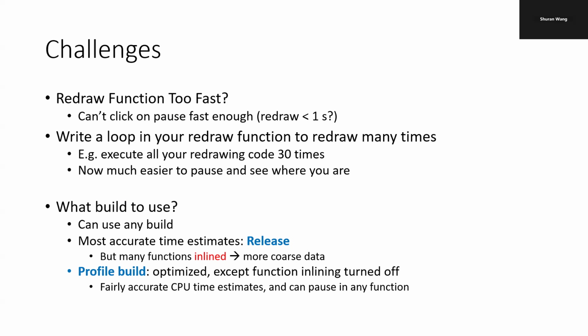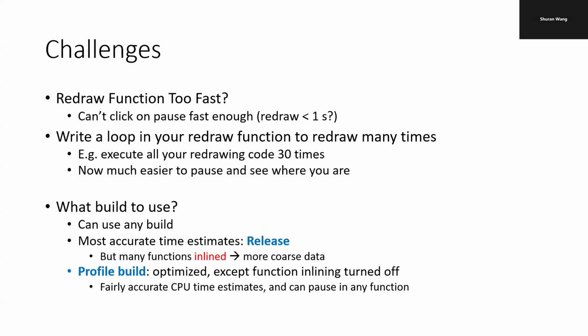We can always use the release build. The release build is the most accurate build to represent runtime, but there could be many functions inlined so that your debugger won't stop there. In that case, we can choose the profile build that is turning off function inlining.